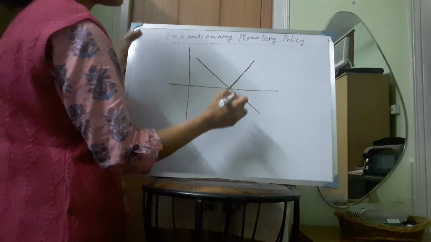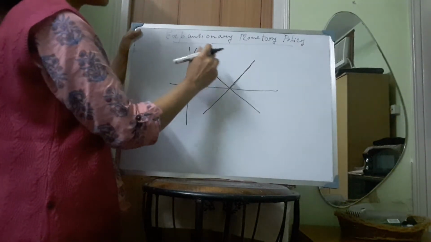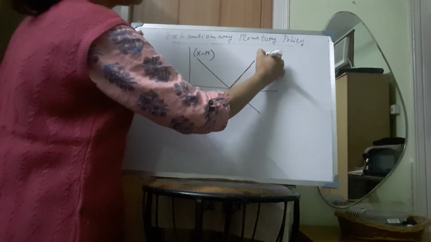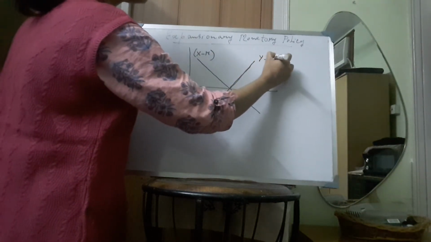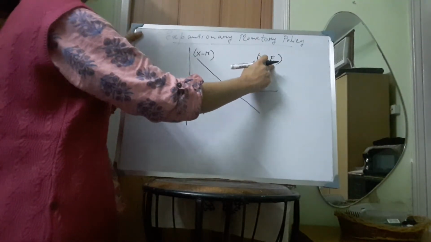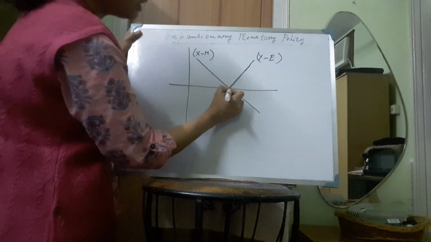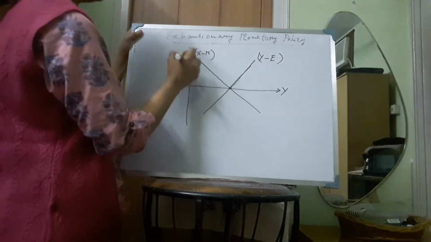So here we have the export import schedule, net export schedule, which is x minus m, and here the upward slope line represents the y minus e schedule, where y is the total national income and e is the total expenditure. So here we have the equilibrium, and here along the x-axis we are measuring y.